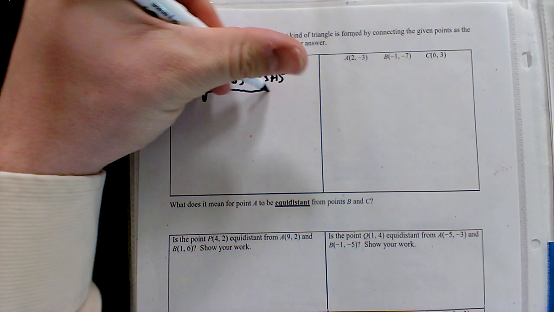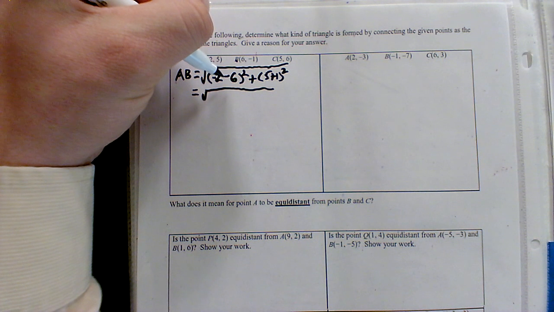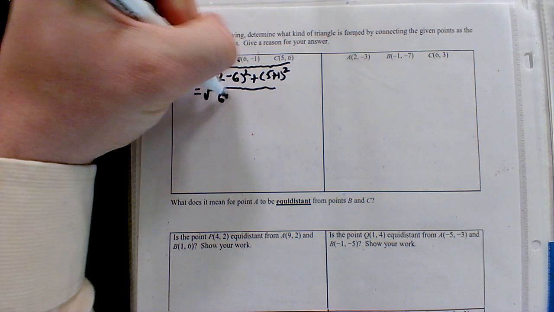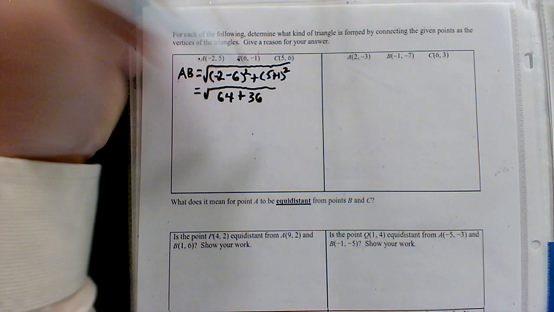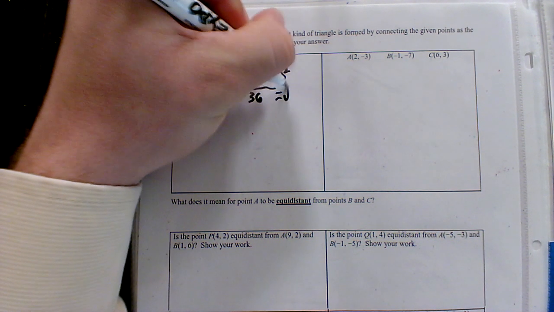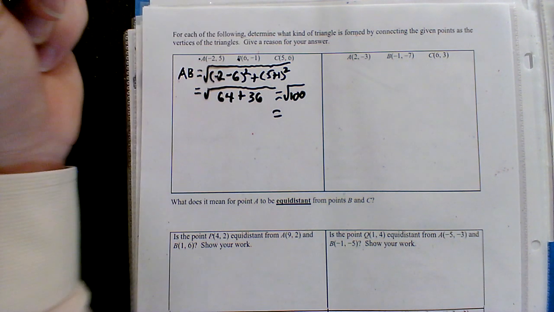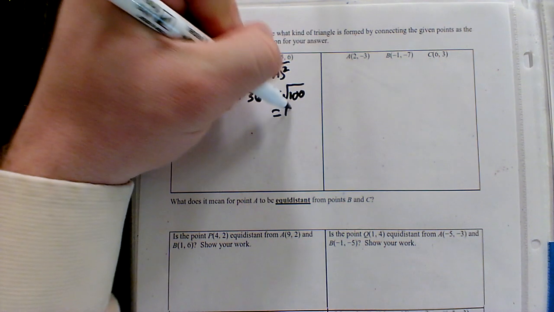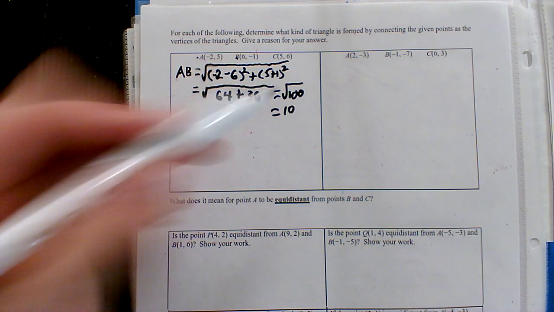And leave us with square root. Negative 2 minus 6, negative 8. Negative 8 squared is what? We get 64 plus 6 squared is 36. So that's square root of 100. Square root of 100 is what? 10. So the distance from A to B is 10. So that's our first.